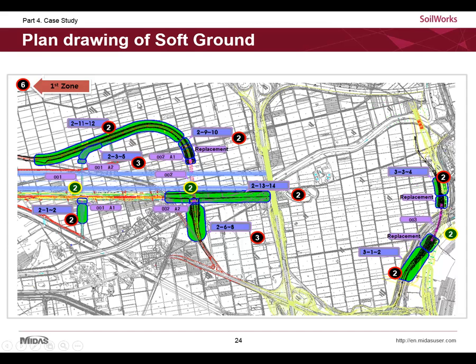In this case, we had to analyze and design a total of 32 sections. So can you imagine how many times we have to repeat trial and error to get a more reasonable value for design? In general, an engineer has to run analysis more than 5 times for each section to decide the most appropriate and applicable improvement method.